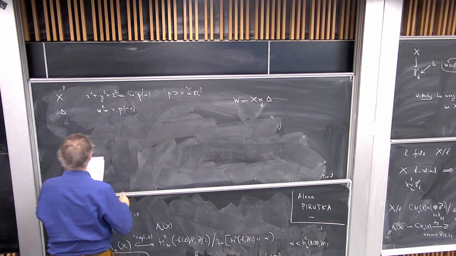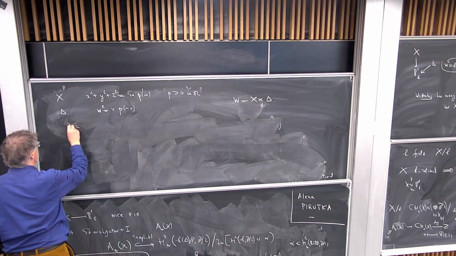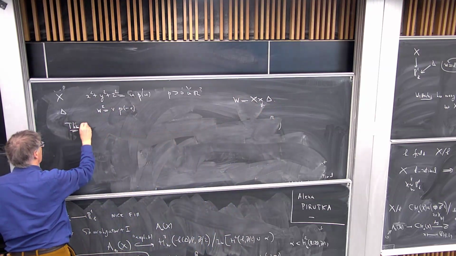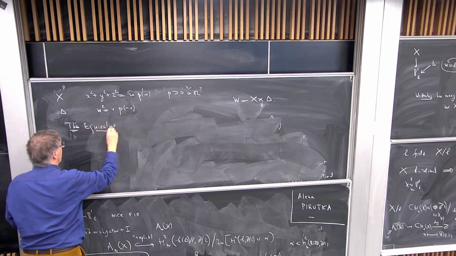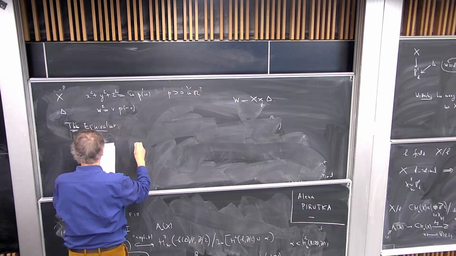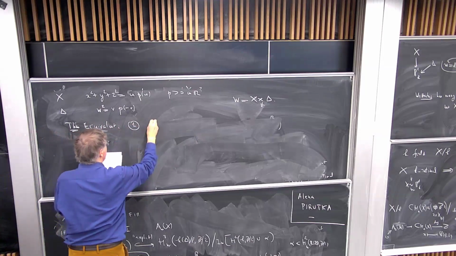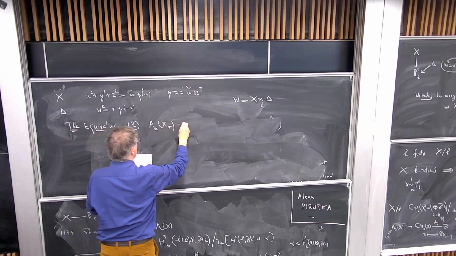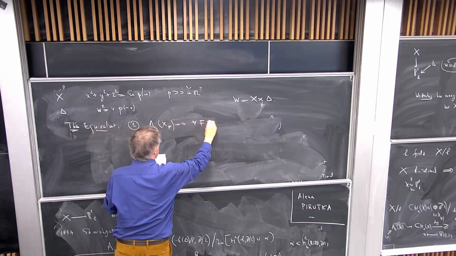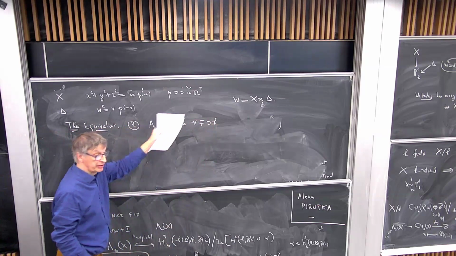So, equivalent properties. Theorem. One: A0 of X_F is equal to 0 for F containing k. So X is phase 0 trivial.